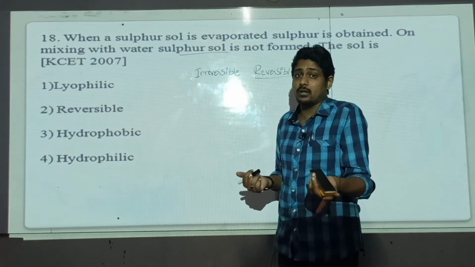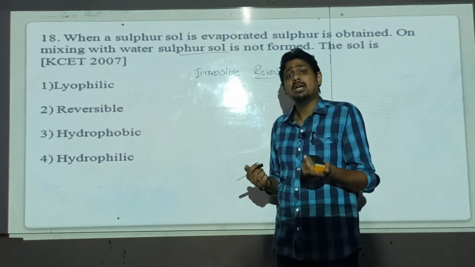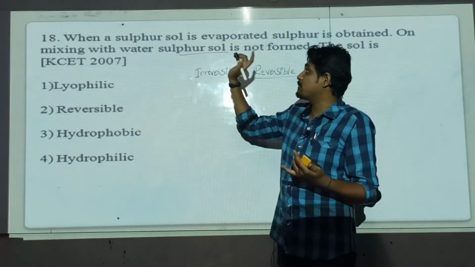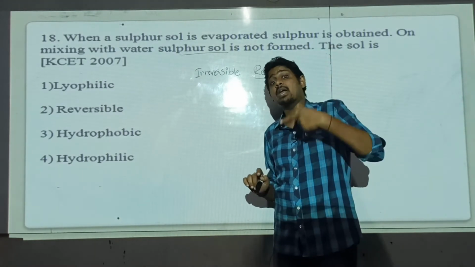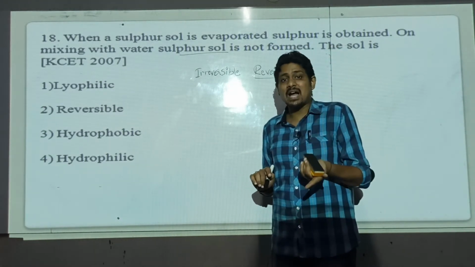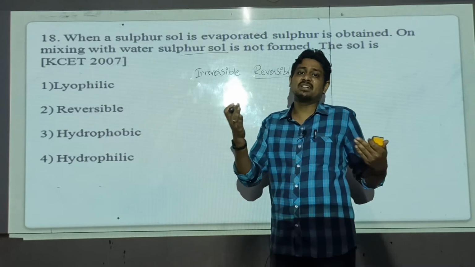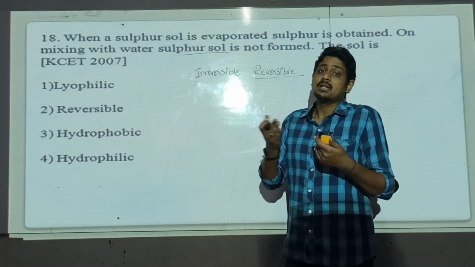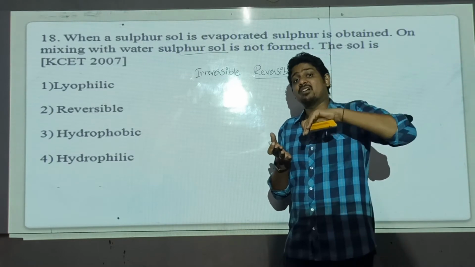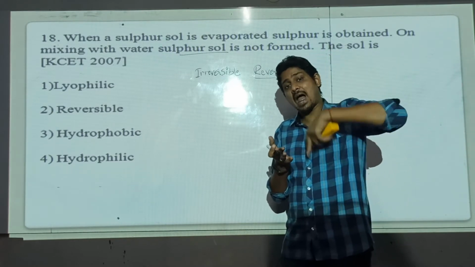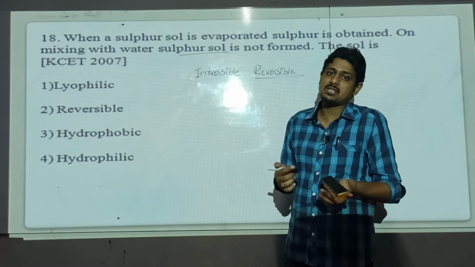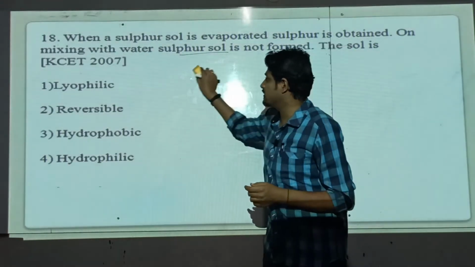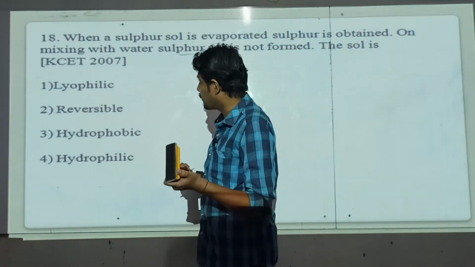Then what kind of colloidal sol will it be? Here I have mentioned water, so it will be hydrophobic. Why hydrophobic? Water and sulphur do not have any affinity, therefore we are not getting back the sulphur sol. Once again after evaporation of water, when I add water, I am not getting the sulphur sol, therefore the answer will be hydrophobic.